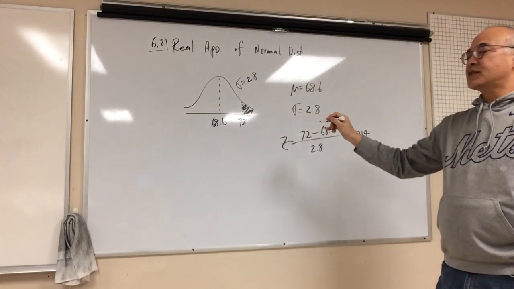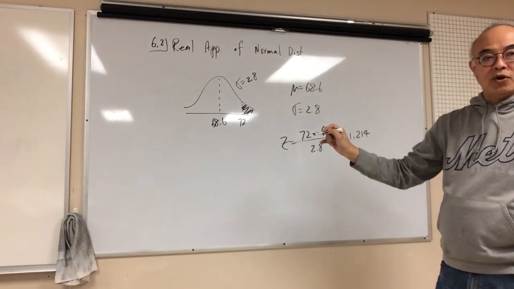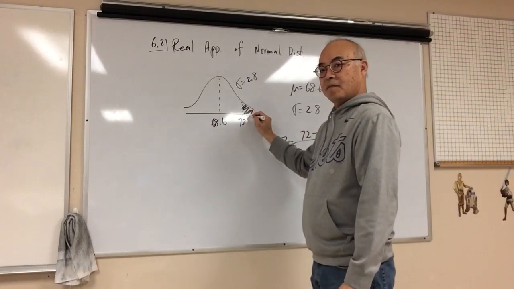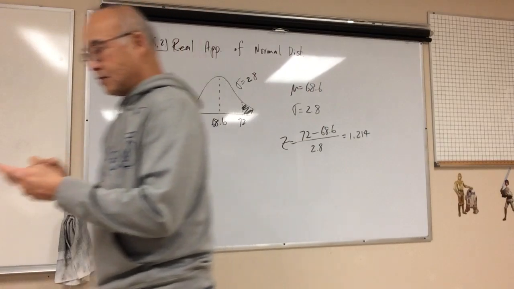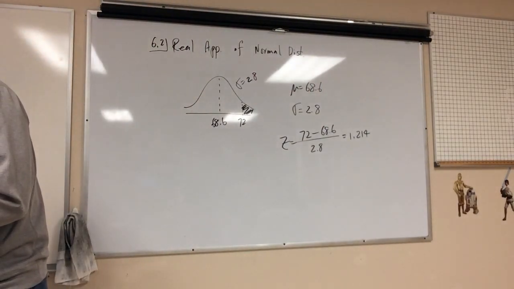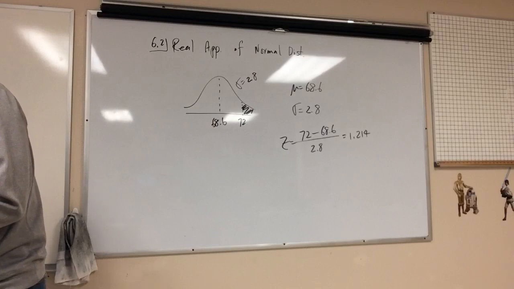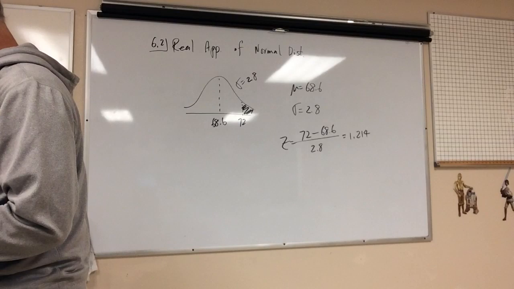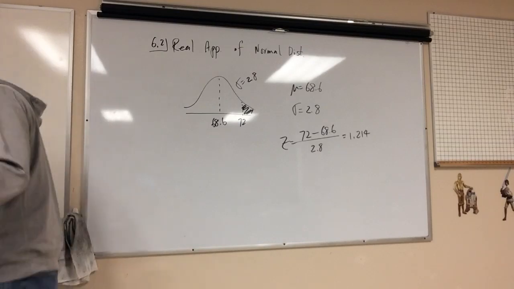Okay, so what I want to know is this guy, right? If I were to use the table, how am I going to find this guy? Let's go to the table. It's page 684.